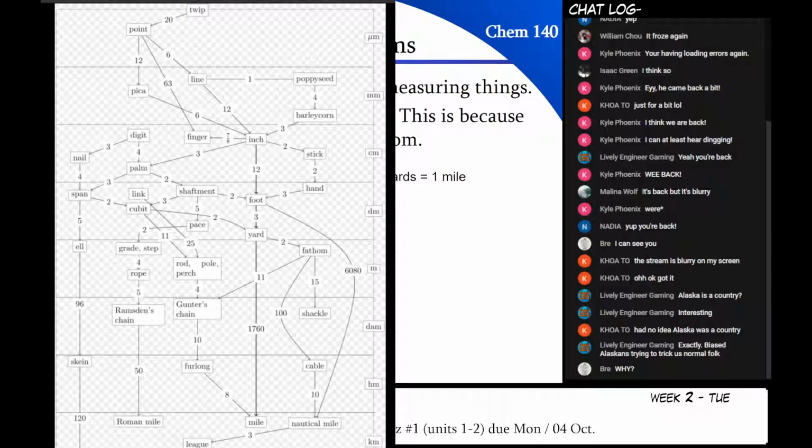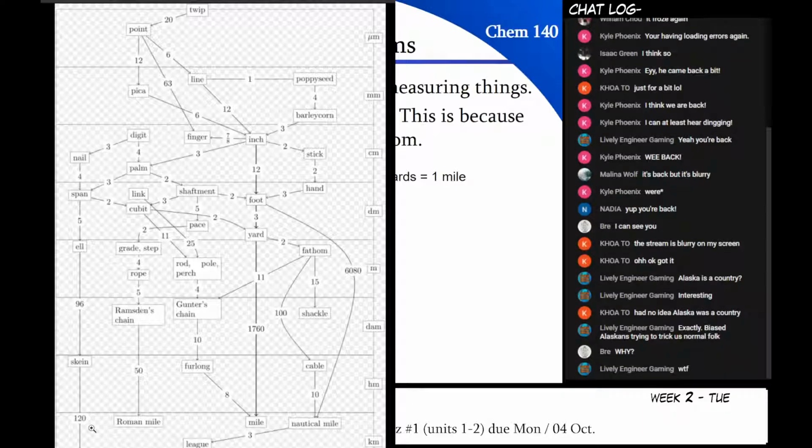Like, who decided that there would be 96 lines in a skein, but 120 of those is a spindle? Or that 11 fathoms is a Gunter's chain? Like, you've seen some of these, like, you've seen inch, foot, yard, and mile, right? But 1,760? No. Why would you do this?